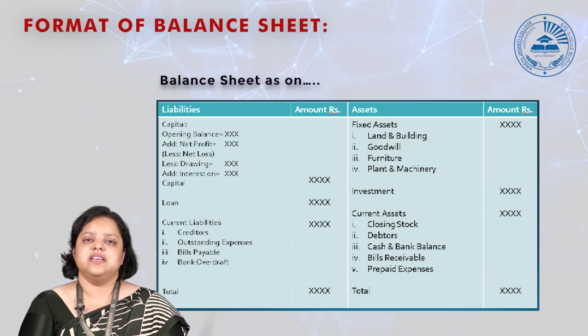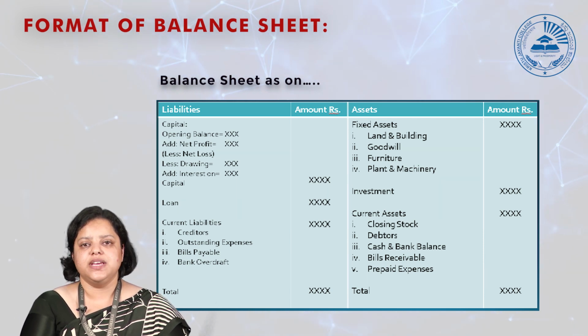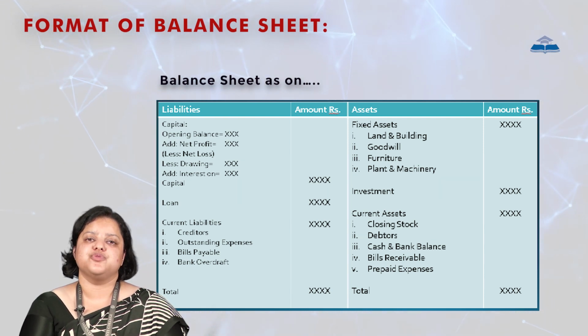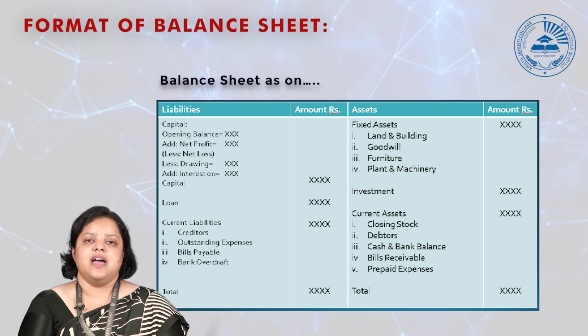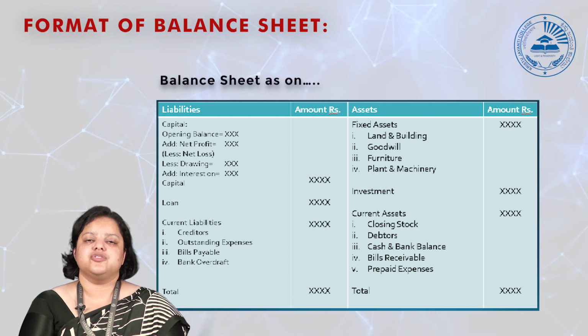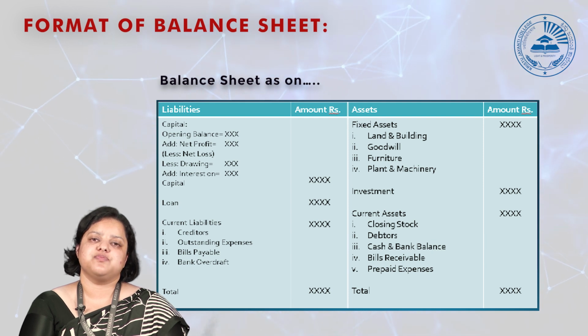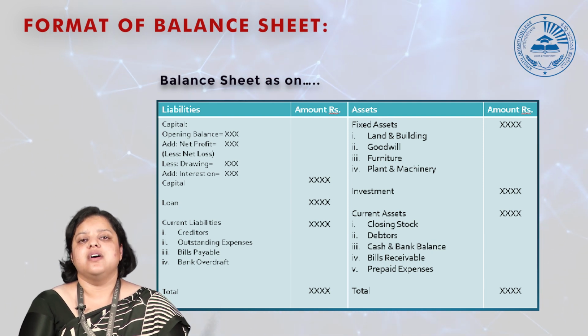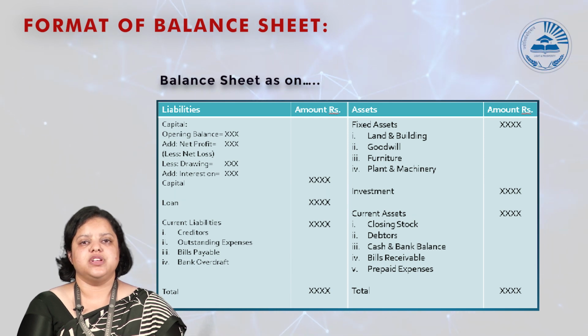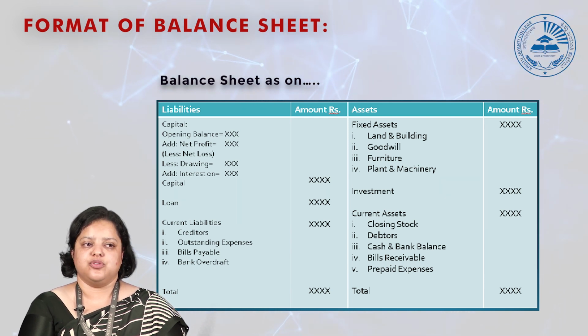And from there, if the owner is withdrawing any money for his personal purpose from the company, we need to subtract it, that is known as drawings. Along with that we need to add interest on capital. Interest on capital means if the company is providing any interest on the owner's capital, we need to add it, and the net amount we write in the amount column.